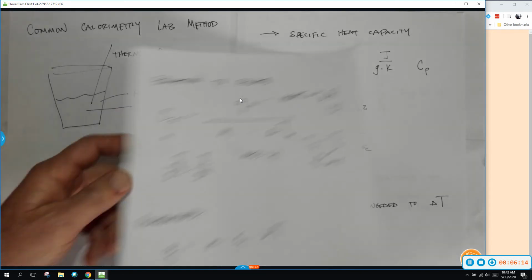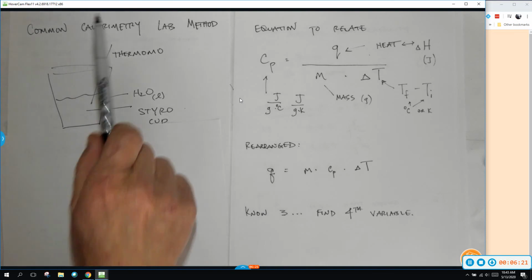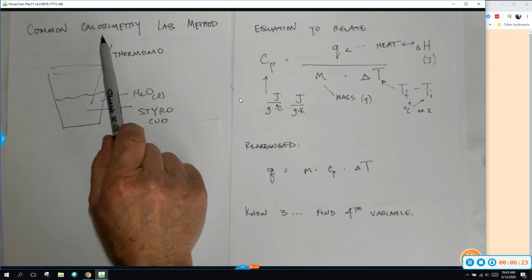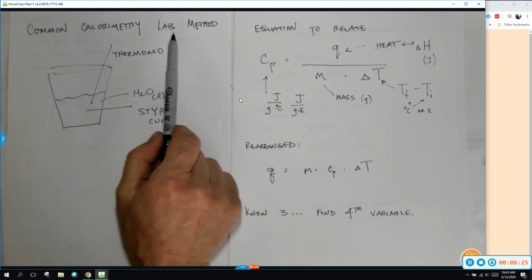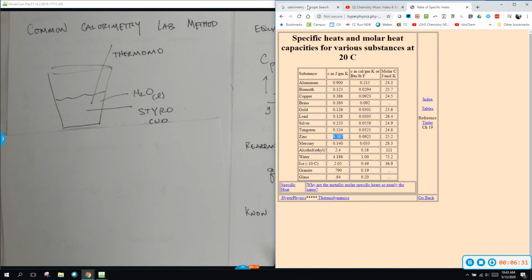One common lab method of calculating one of these variables is calorimetry, or using a calorimeter lab method. A real common classroom calorimeter is a styrofoam cup.